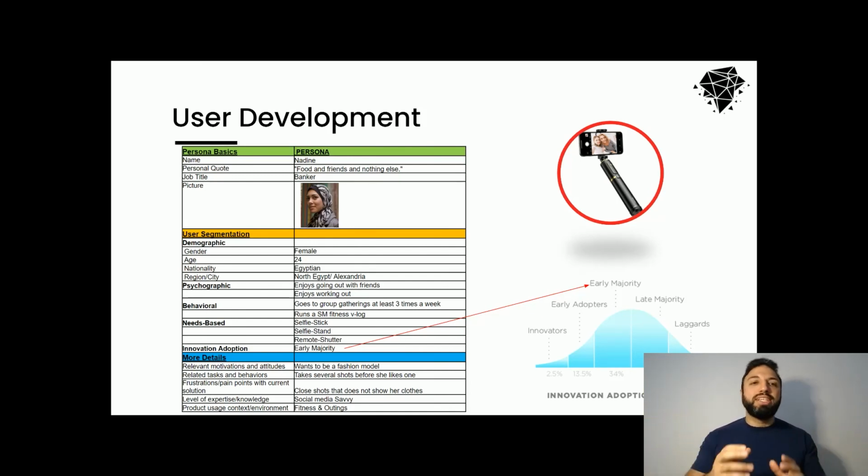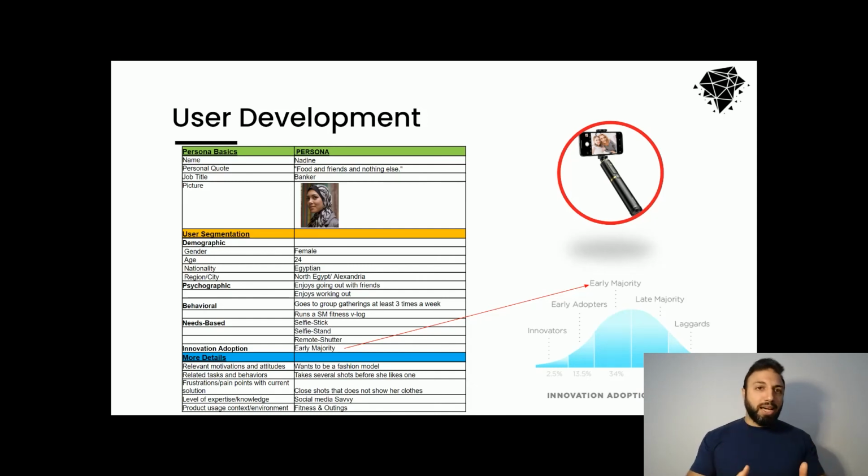No, she's gonna buy the reasonably priced $50, $60 selfie stick with a remote shutter, but it has to be stable because she goes out. She enjoys working out. She goes to the gym, so she probably likes to take some social media videos of herself working out. She goes to group gatherings, so she needs a remote shutter so she doesn't take these super awkward close selfies, etc.